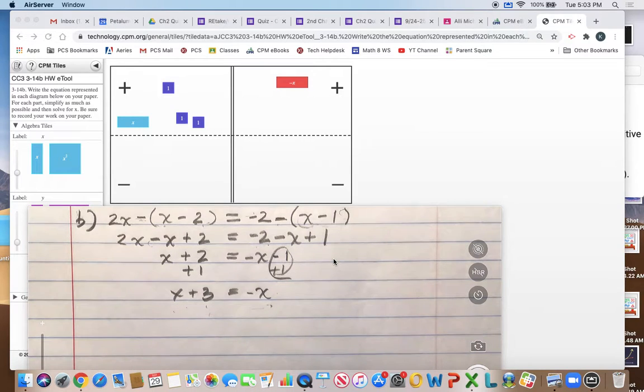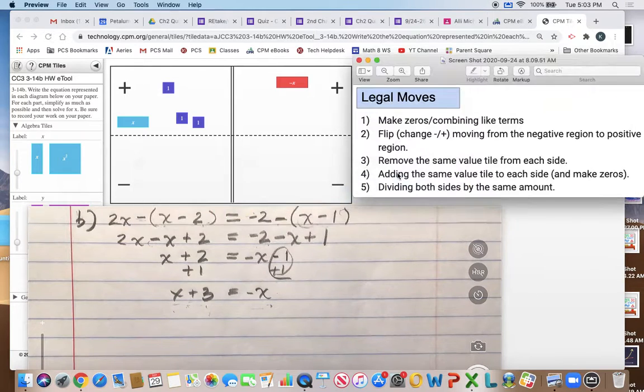So this is interesting because you have to wonder, will it ever be true that these two things can be equal to each other? And it doesn't really look like we can. So what we could do is simplify one more time, or do one more move to simplify. So we can always add the same value tile to both sides to make zeros.